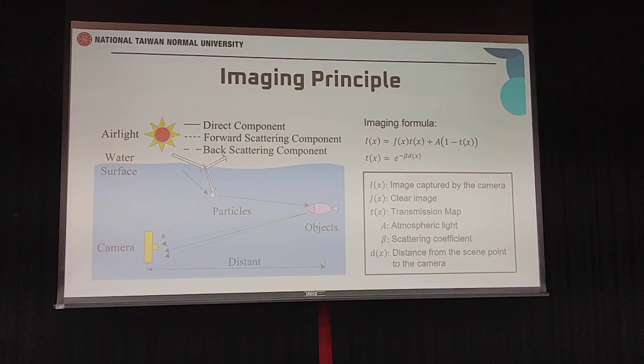In theory, if we can estimate the transmission map and background light correctly, we can recover a clearer image. However, this is difficult because depth, water condition, and scattering properties are unknown for a single image. This motivates us to use physical information as guidance in our network.